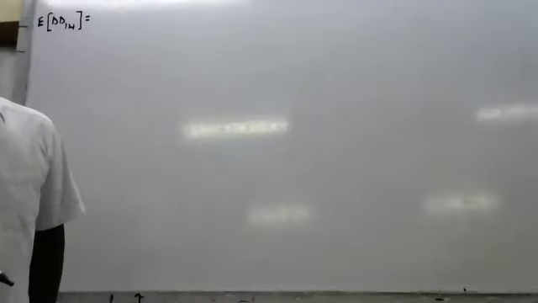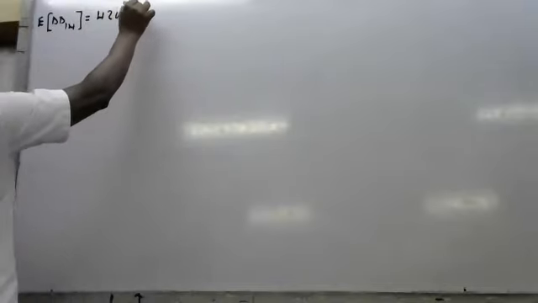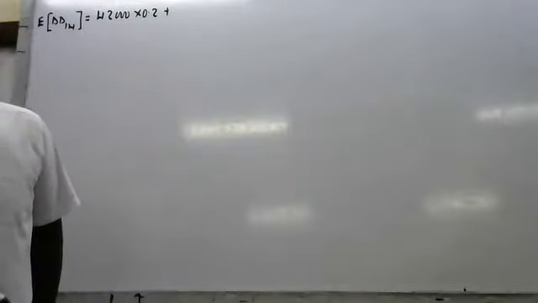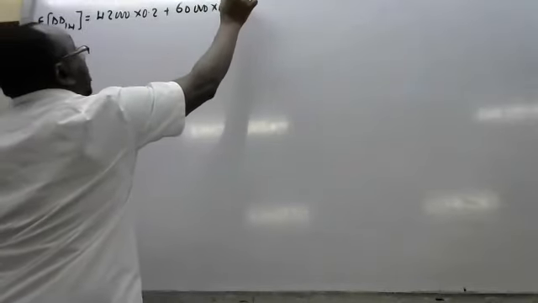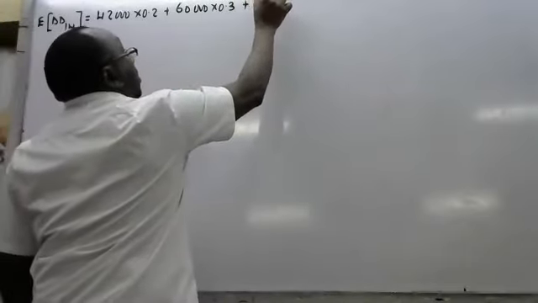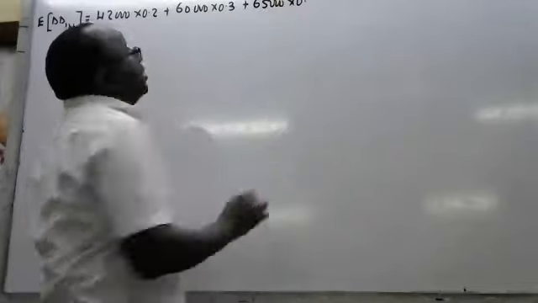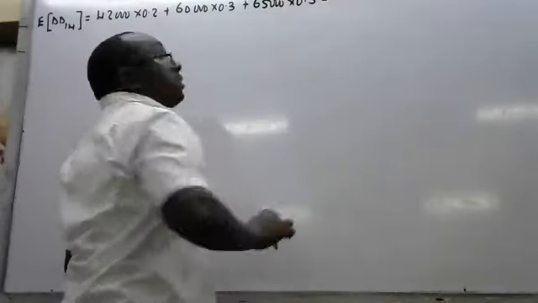Expected demand at the price of 14 is 42,000 multiplied by the probability of 0.2, plus 60,000 multiplied by the probability of 0.3, plus 65,000 multiplied by the probability of 0.5.